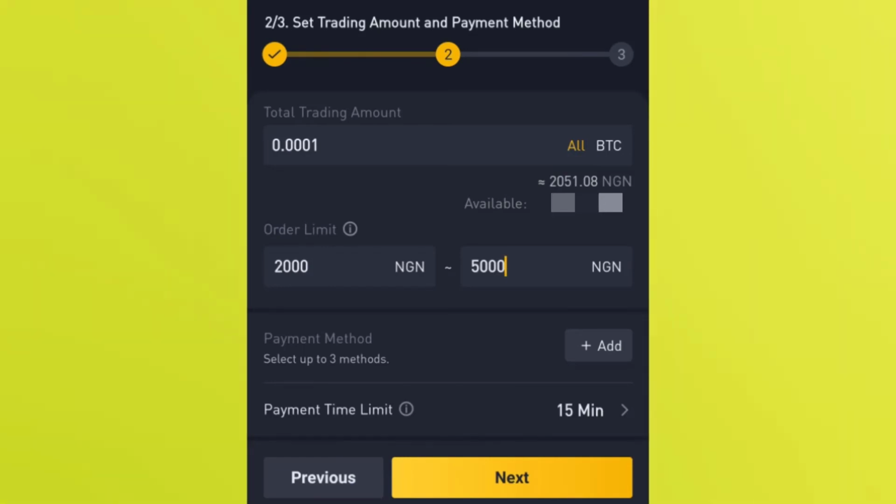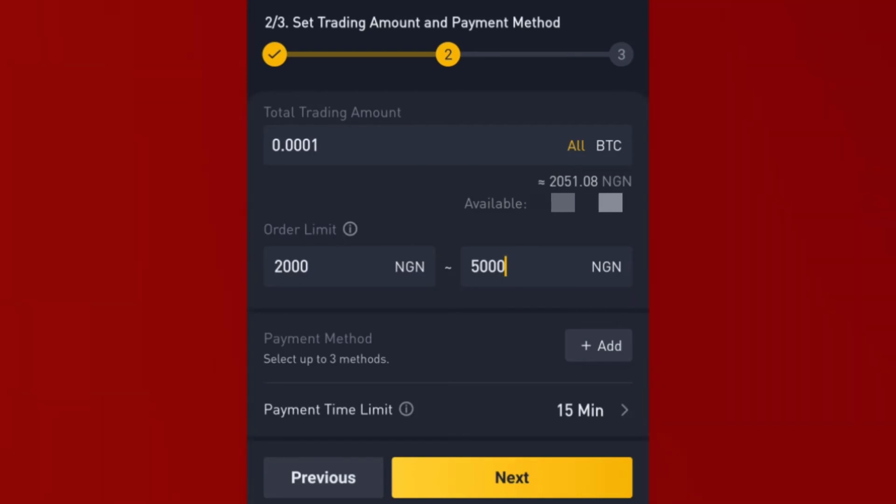So it's always advisable to put in this figure a little bit higher than what the approximate figure is giving, and by doing that, the market will always put in this maximum amount for you, and you don't need to put that in yourself.